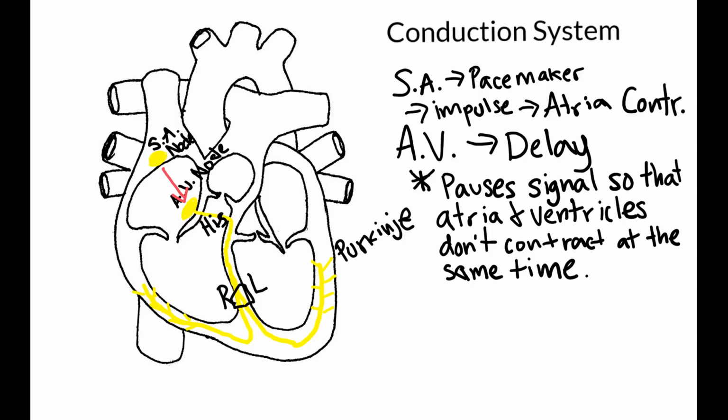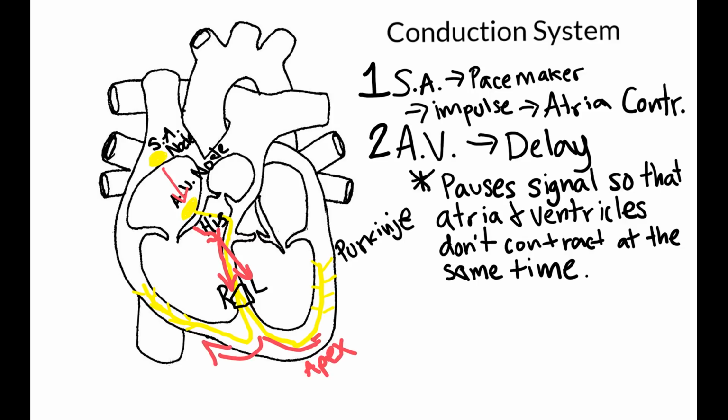Okay, so the first thing is that the SA node sends an impulse. The second thing is that the AV node gets that impulse, and it's going to delay the message. And after that message is delayed for just a tenth of a second or so, it is going to travel through the bundle of His, and then go down the left and right branches, and eventually travel all the way down to the apex, which is this bottom corner of the heart.